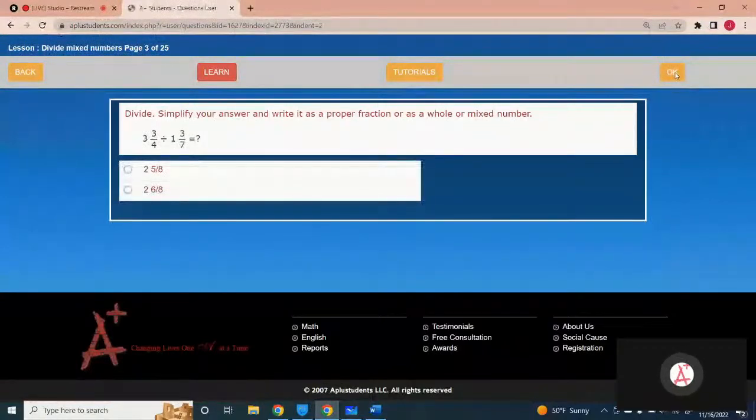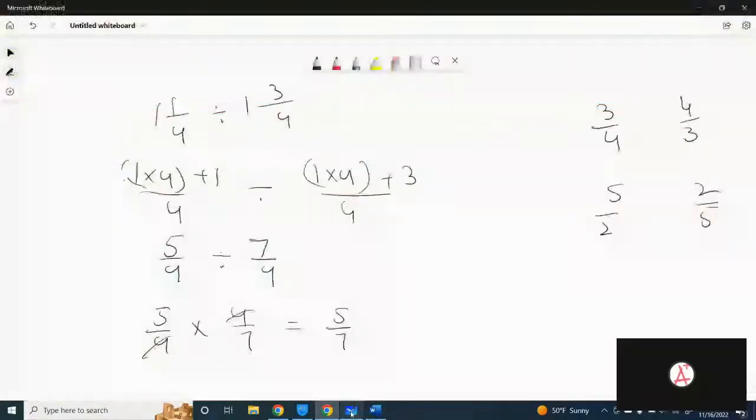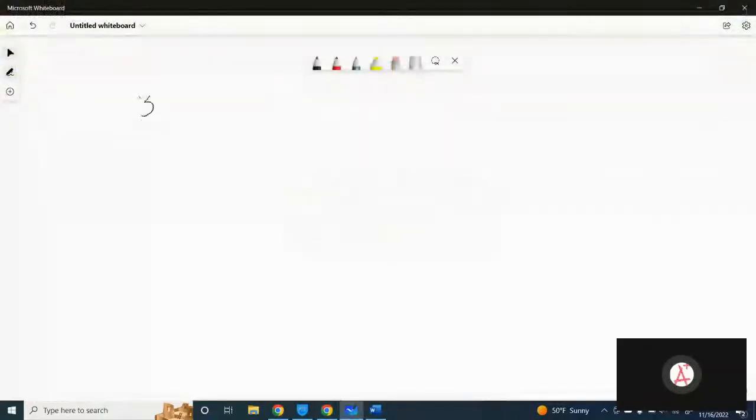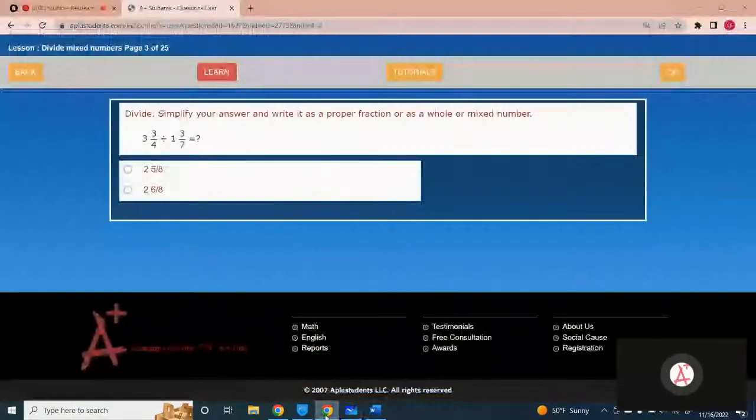Okay, the next one is 3 whole 3 over 4 divided by 1 whole 3 over 7.